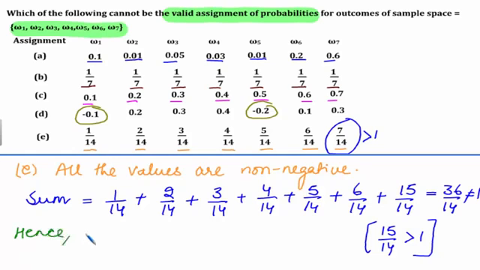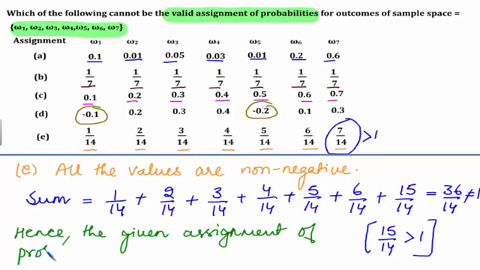Hence, the given assignment of probabilities is not valid.